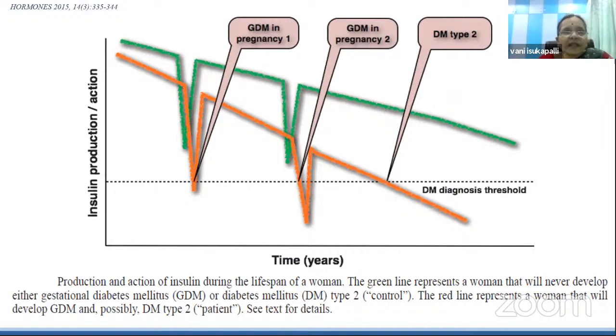But if you see the red bar, this woman had diabetes mellitus in the first pregnancy, even in the second pregnancy, and later on continues to have diabetes mellitus in her future. So this clearly says that picking up gestational diabetes mellitus in pregnancy will have a long-term effect on recognizing type 2 diabetes in the future.